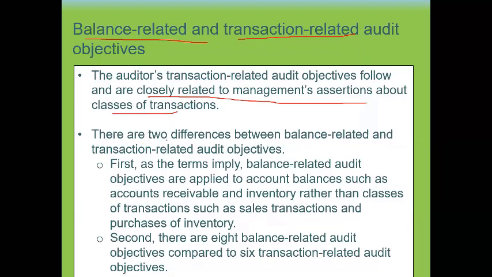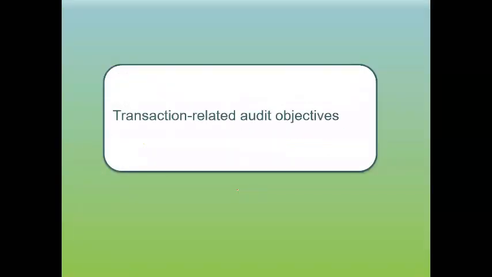Right. And there are two differences between balance related and transaction related objectives. The first one, the balance related objectives, are applied to account balances such as receivable and inventory rather than transactions, as we said. And we have 8 balance related audit objectives and 6 transaction related audit objectives. Right.